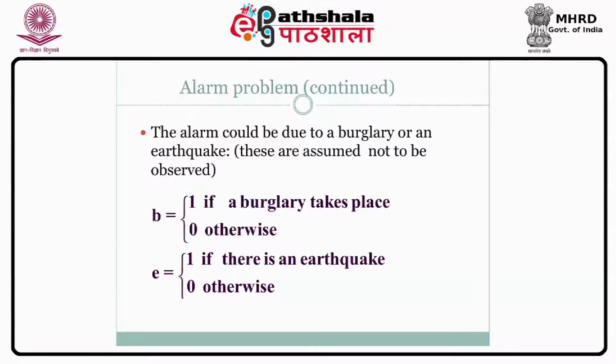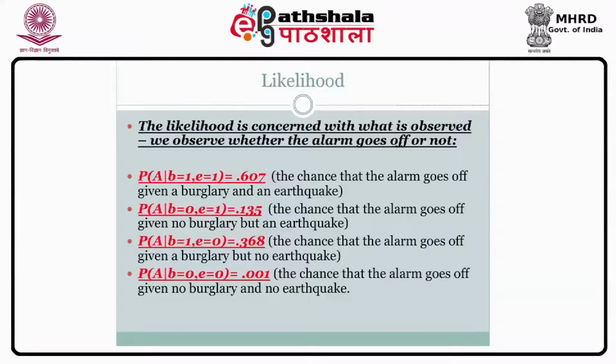Let's look at the likelihood here. The likelihood is concerned with what is observed. We observe whether the alarm goes off or not, so it's based on the data. The probability the alarm goes off given a burglary as well as an earthquake occurs is 0.607.